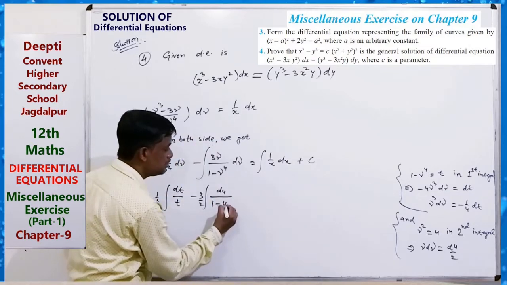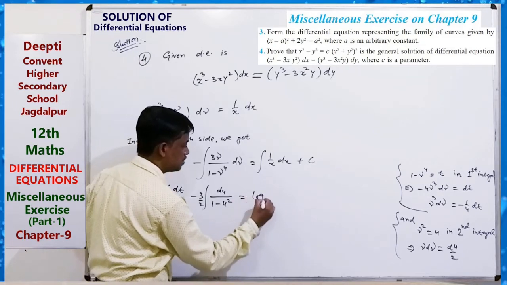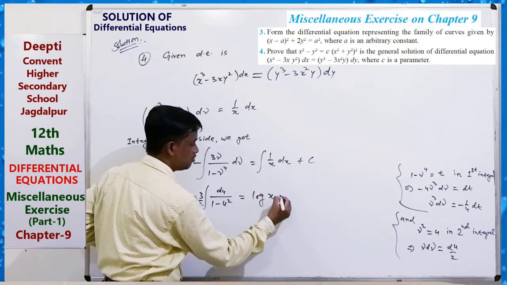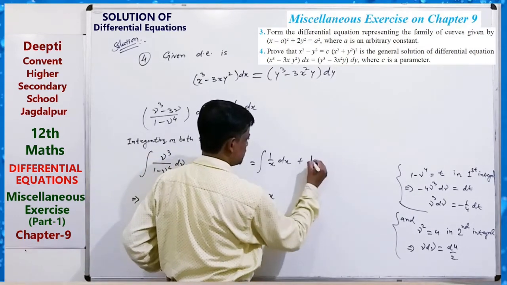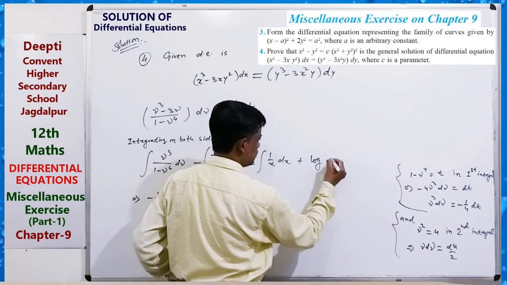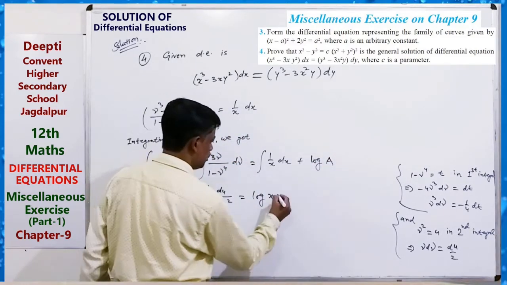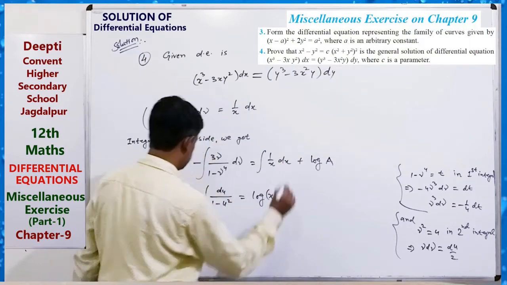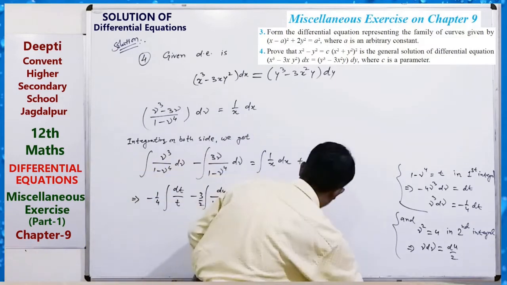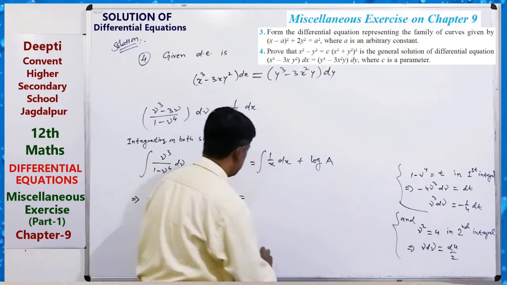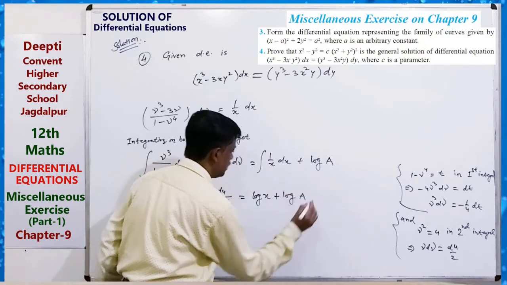So this equals to log x plus we can take this is also log of a, suppose constant. Clear? Now here, first of all log x plus log of a.